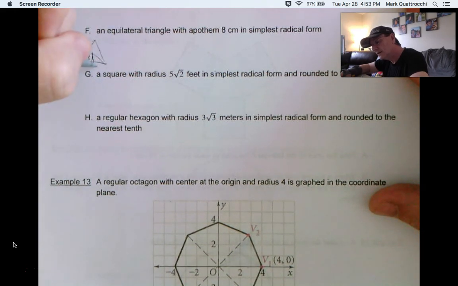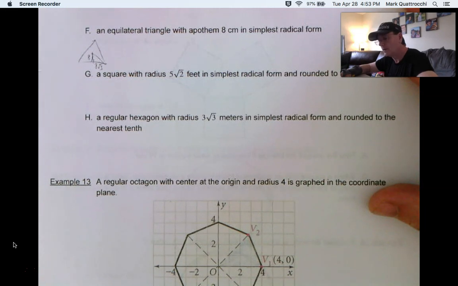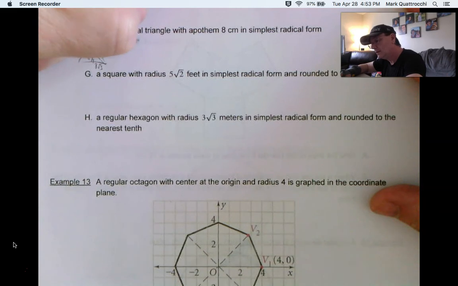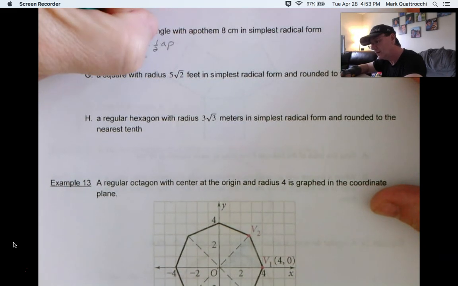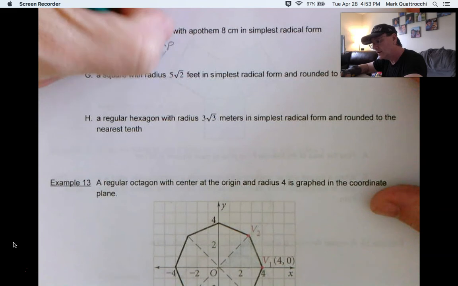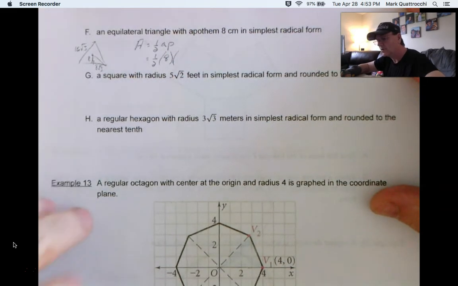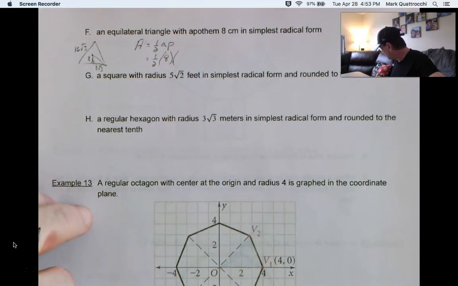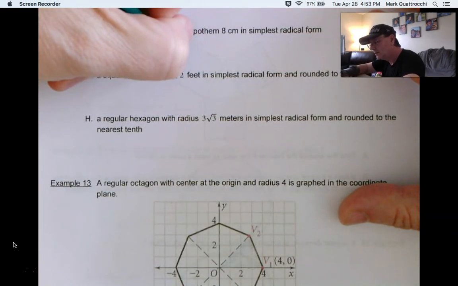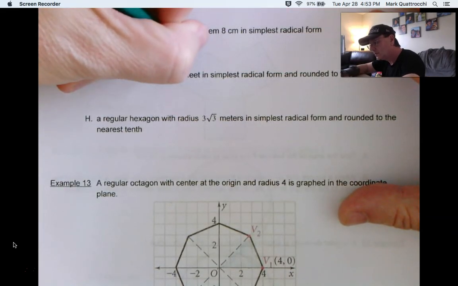So this is 8 square root 3, making this 16 square root 3. Area equals 1/2 AP. 1/2 A is 8. Perimeter 16 times 3 is 48 square root 3.